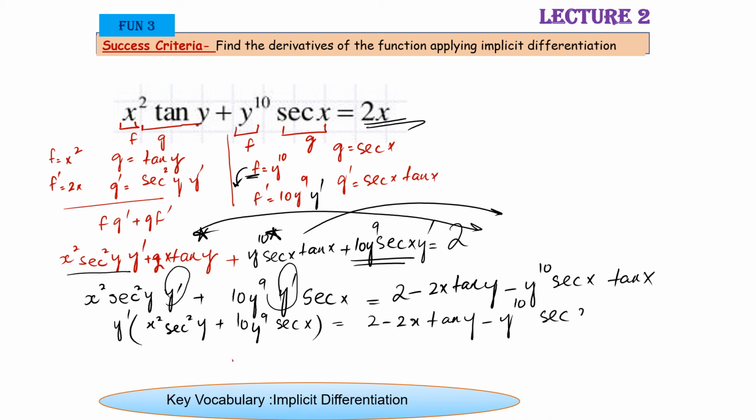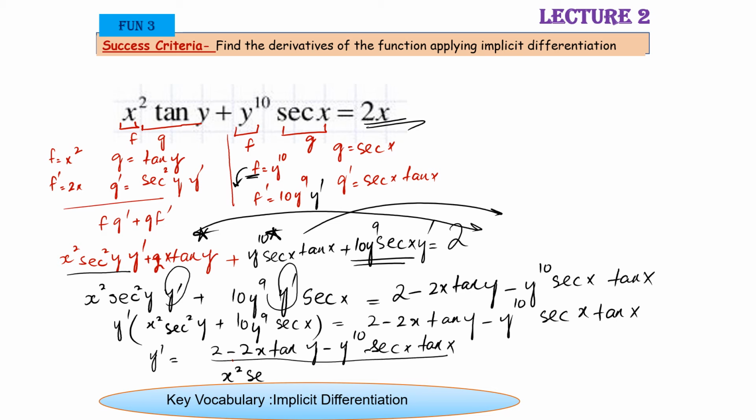Now, no need to take any kind of common, because unnecessary, don't take the commons for no use. So that's all. Secant x tangent x, divide by all the terms that were written with the y prime. So this is your answer.